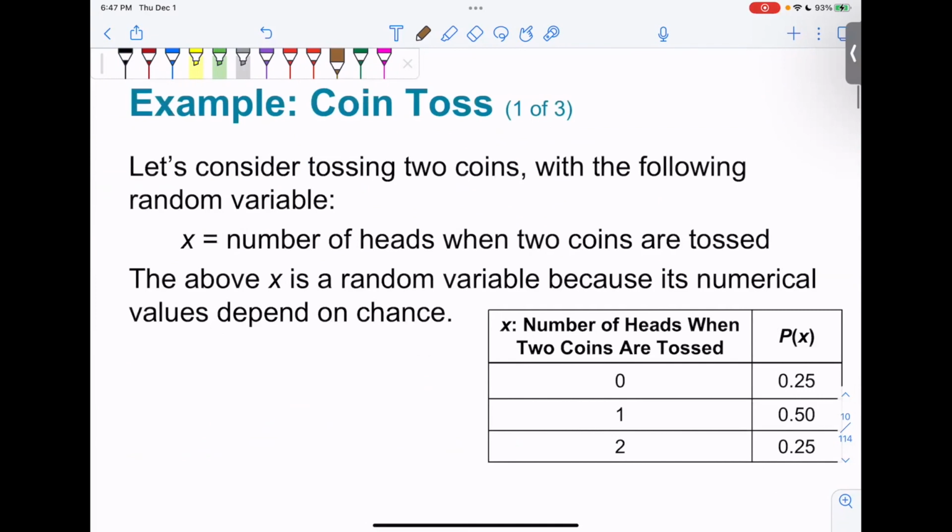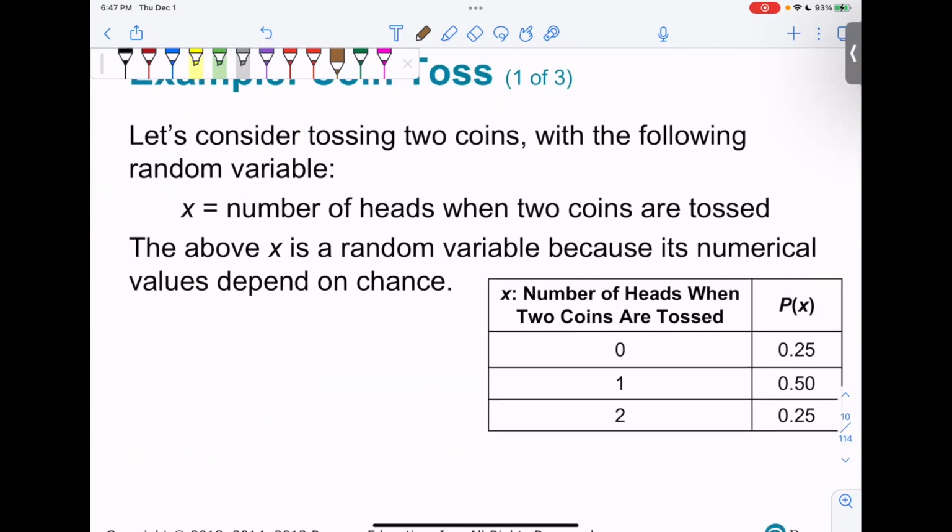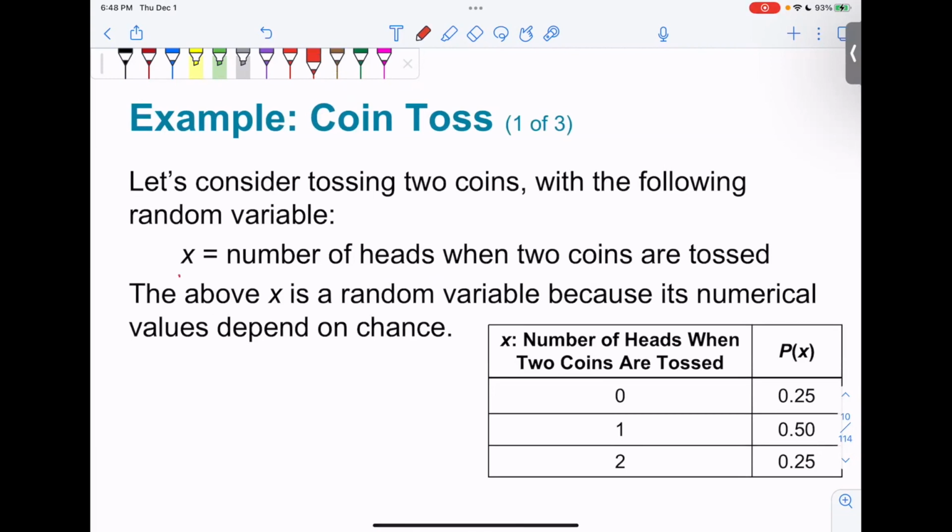Okay, so let's look at this example. Now this is our variable. Our variable X is the number of heads. Let's keep it easy here. Just the number of heads we get, okay?